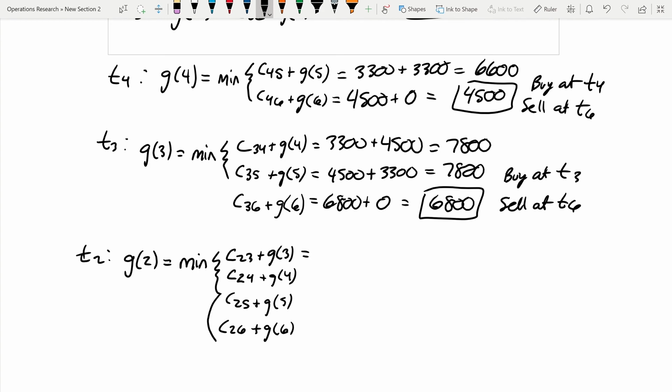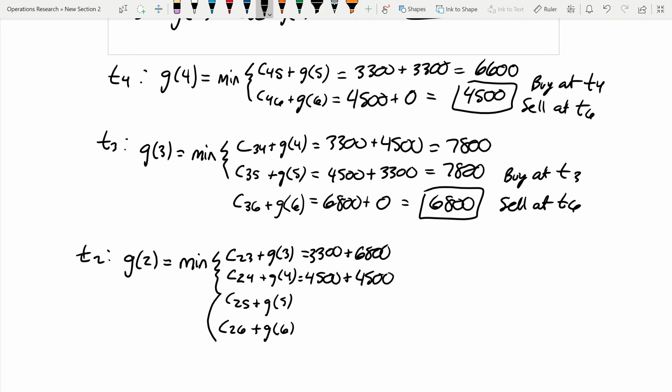So 2 to 3 is going to be 3,300. Then we add on G of 3, which is 6,800. I'm just grabbing these numbers from one above now, so I don't have to keep going up. 2 to 4 is that 2-year jump, so 4,500 plus G4 we said was 4,500.